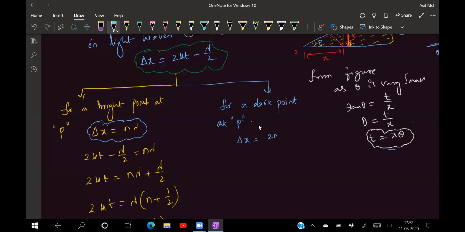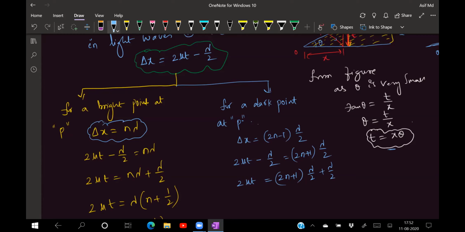Delta x is equal to (2n minus 1) into lambda by 2. Delta x value already you know: 2 mu t minus lambda by 2 is equal to (2n plus 1) into lambda by 2. Taking this minus lambda by 2 to the other side, 2 mu t is equal to (2n plus 1) into lambda by 2 plus lambda by 2.